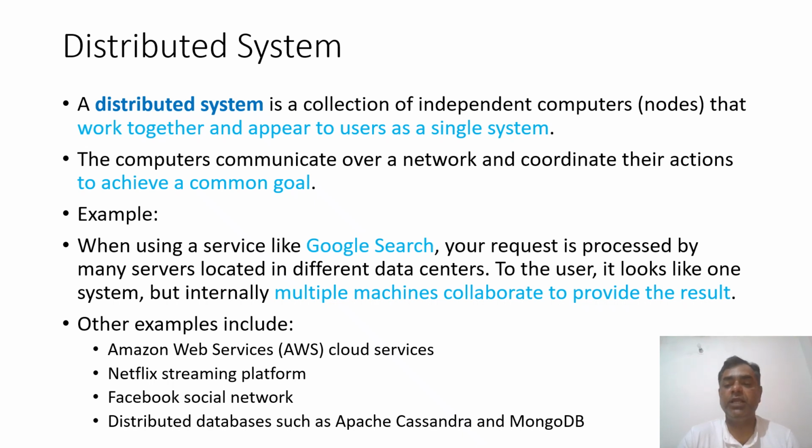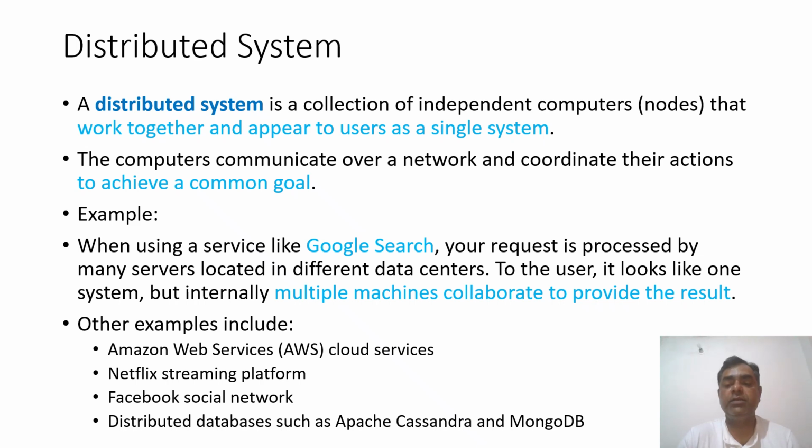First, we would like to discuss Google Search. When you search anything in Google, that search is processed by different systems, or servers, located in different data centers. Now we have to talk about what a data center is. A data center is a physical facility where we can store data.